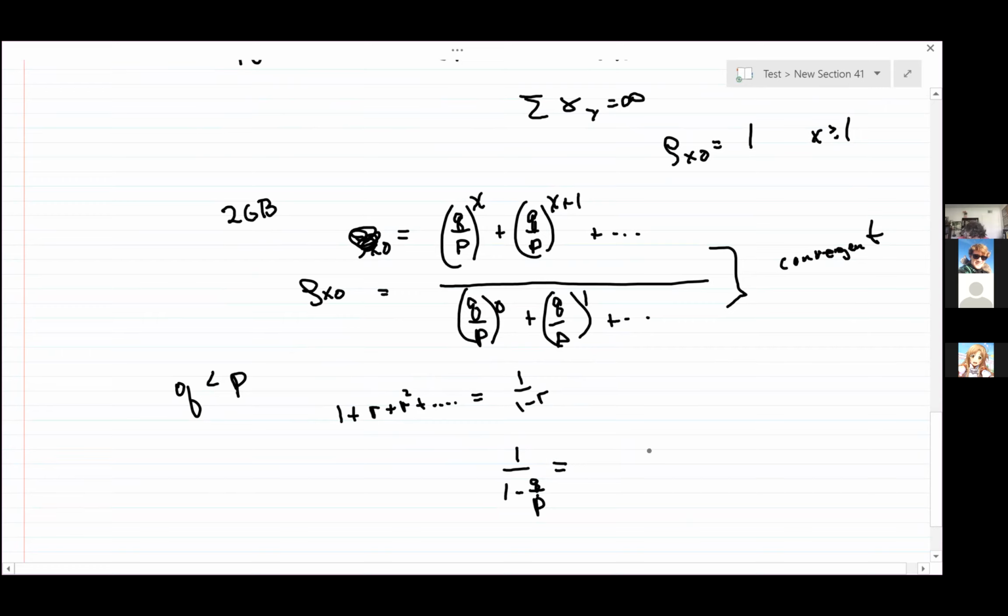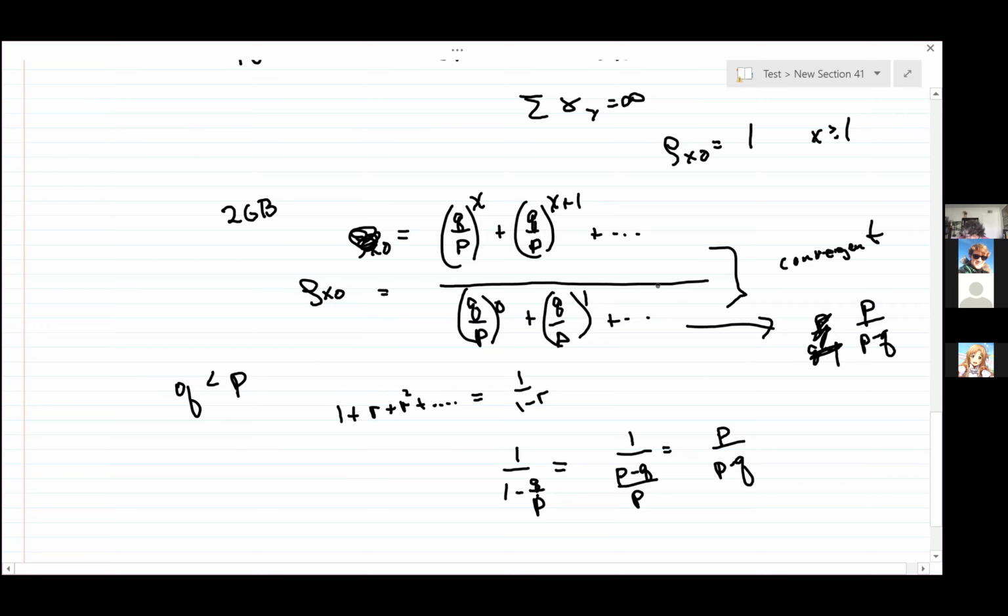You can change this if you'd like into P minus Q over P. And if you want, you can now write that as P over P minus Q. So the sum of the series on the denominator here would be P over P minus Q.